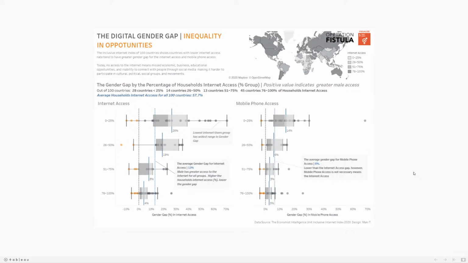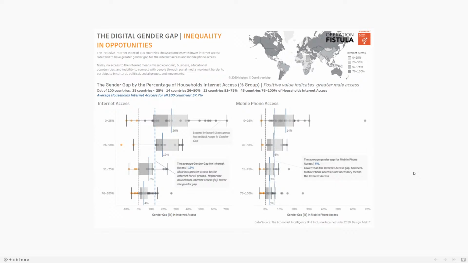And I like the call out where it says, I would word it differently, but lowest internet users group has widest range in gender gap. So the countries where there is the lowest percentage of internet access in the first place, so the fewest people have access to the internet, there's also the biggest gender gap. So it looks like there's already very few people able to access the internet, and if they are able, they're probably just the men, or mainly men, who can access it.